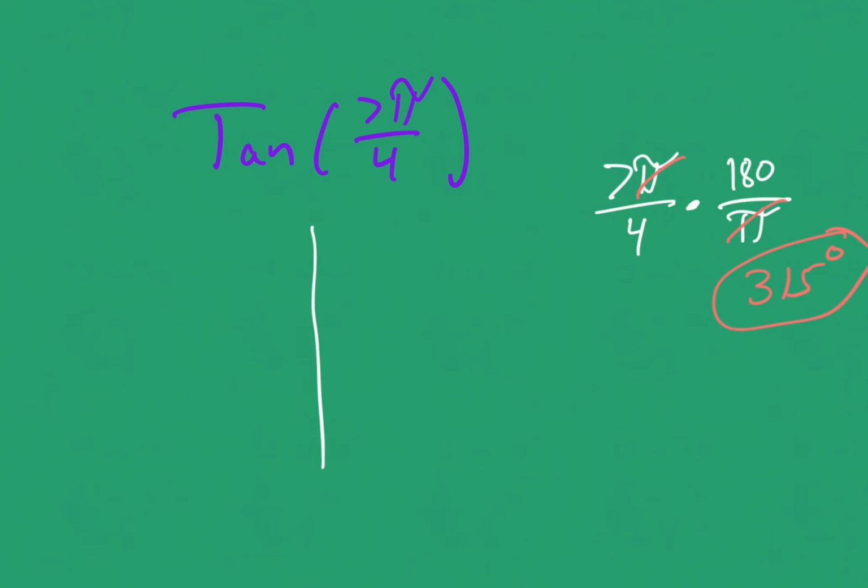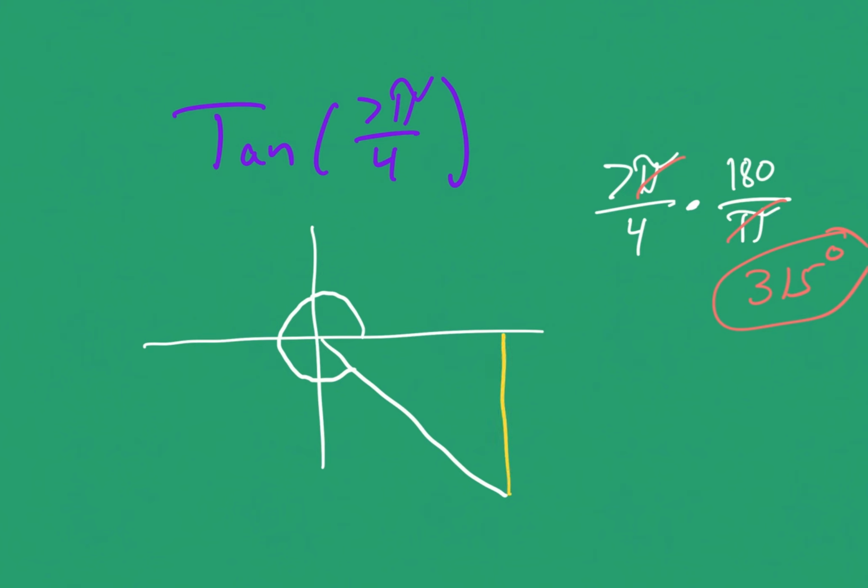So we can create our coordinate plane. There's our coordinate plane. 90, 180, 270, 315 is in there somewhere. Draw a nice big terminal side. Vertical line.